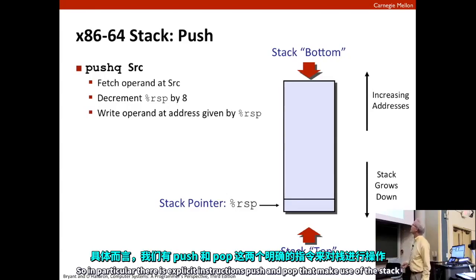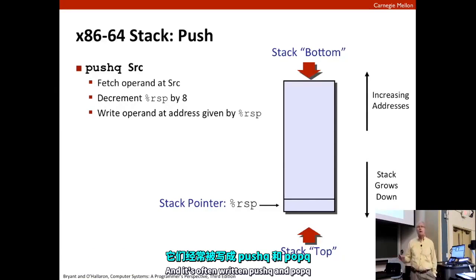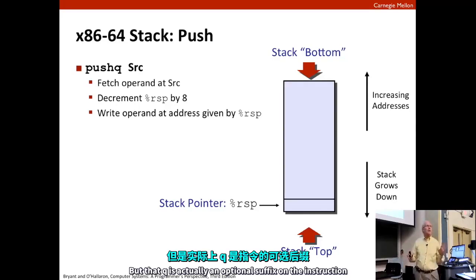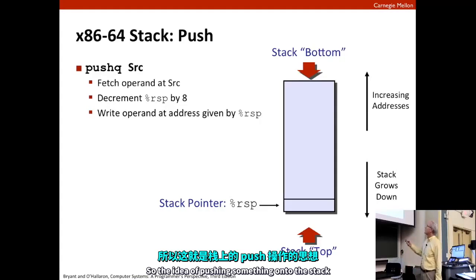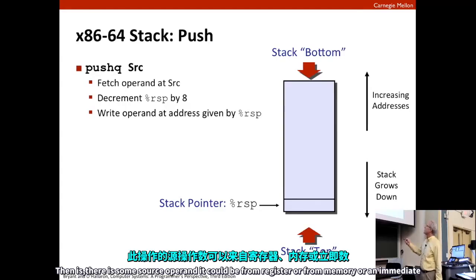So in particular, there are explicit instructions, push and pop, that make use of the stack. And it's often written pushq and popq, but that q is actually an optional suffix on the instruction. So the idea of pushing something onto the stack is that there's some source operand.